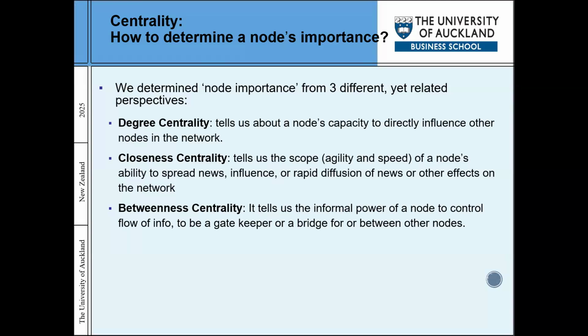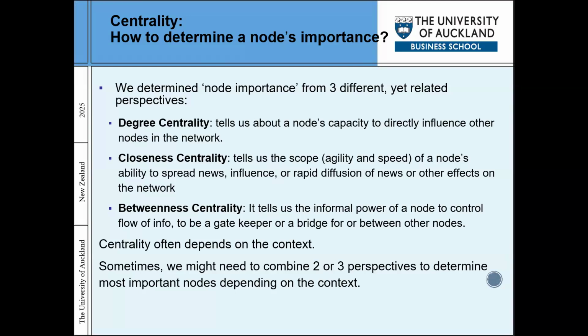So how can we determine who is the most important person in the network when we have criteria that are producing some ambiguity? That's the challenge here. Obviously, this centrality thing is going to depend on the context, and sometimes we have to combine two, or all three, to arrive at some kind of decision.